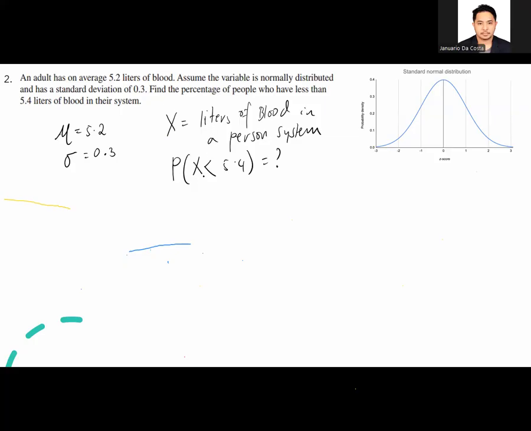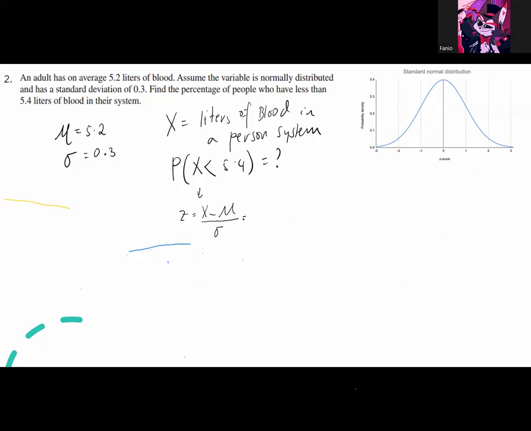So we have to convert this x into a z value to use the z table. The z corresponding to x equals 5.4 uses the formula z equals x minus the mean, divided by the standard deviation.